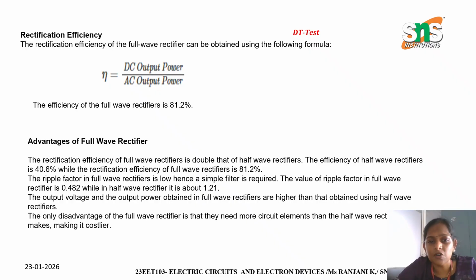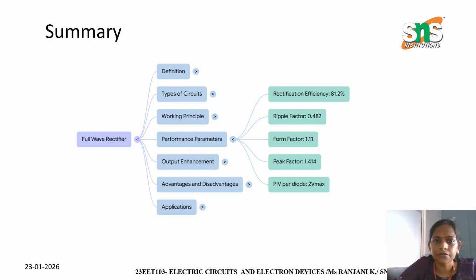The ripple factor for the full wave rectifier is around 0.48, and for the half wave rectifier it is around 1.21. The only disadvantage of the full wave rectifier is that it needs more circuit elements than the half wave rectifier.